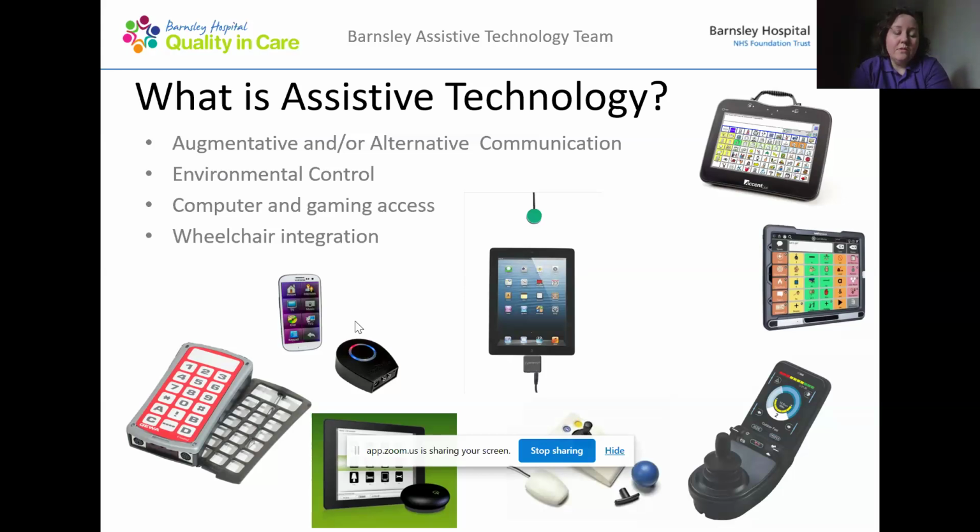And we also support people who use their wheelchair controllers as a way of connecting with a computer or a phone. So we support people with physical disabilities who may benefit from alternative ways to access things like computers and games and environmental controls, as well as the communication side of things.